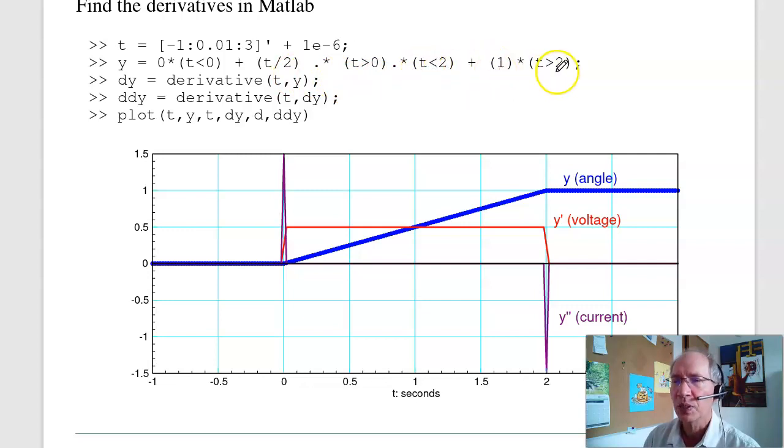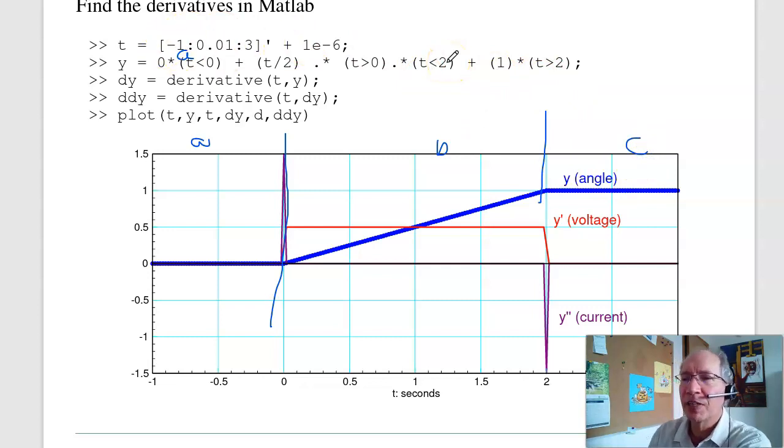And it's 1 for t greater than 2. So kind of what I did is I split this up into 3 different regions. In this region, region A, it's equal to 0. In this region, region B, it's t over 2, and that's true for t bigger than 0 and less than 2. And region C, it's 1. That's y. Once I get y into Matlab, I can find the derivative.